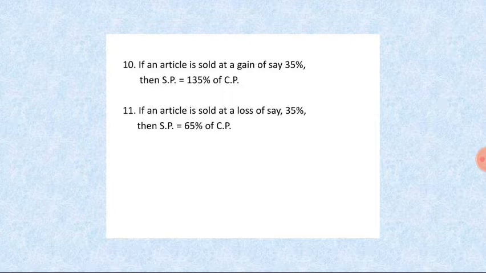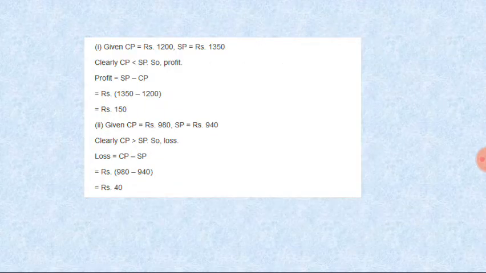Gain percentage means it is added to the percentage. If an article is sold at a loss of say 35%, it is subtracted: 100 minus 35, and we get a value of 65% of the cost price.